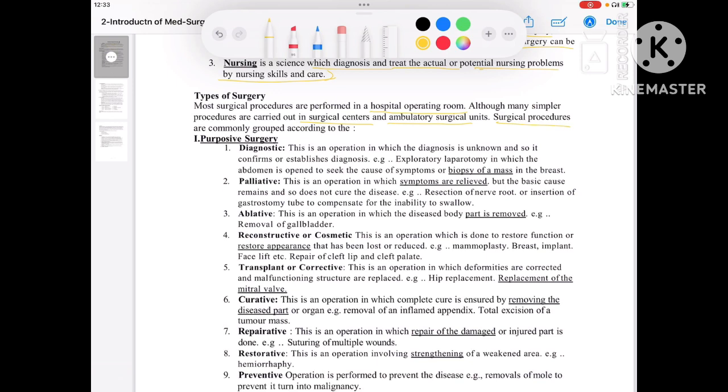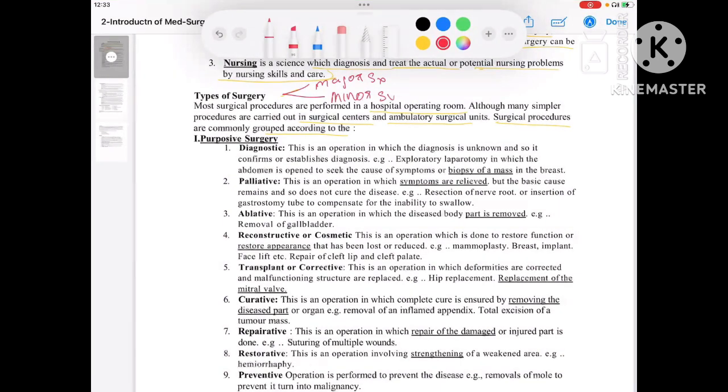Surgical procedures are commonly grouped into two main types: major surgery and minor surgery.